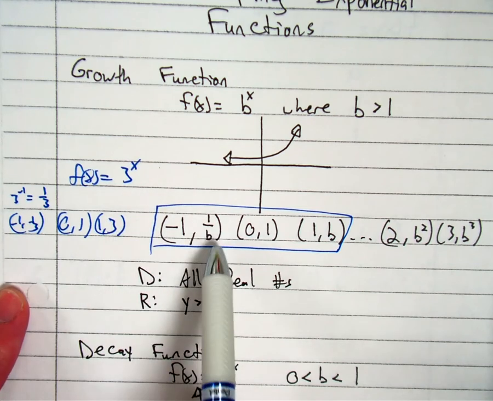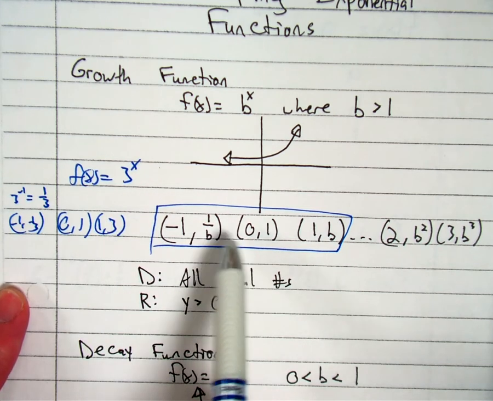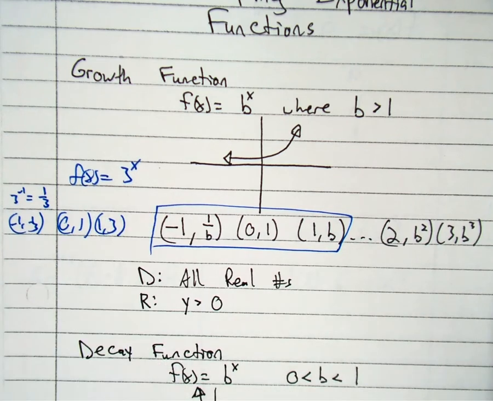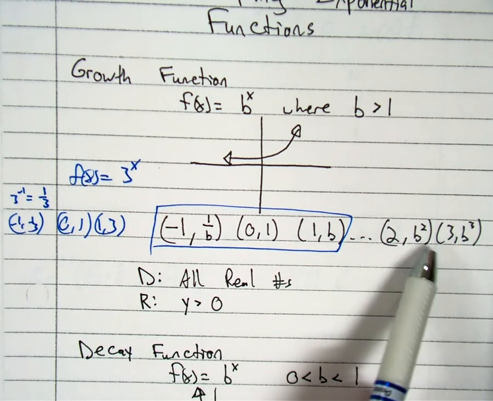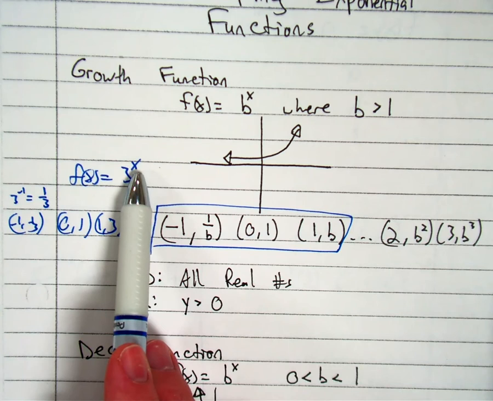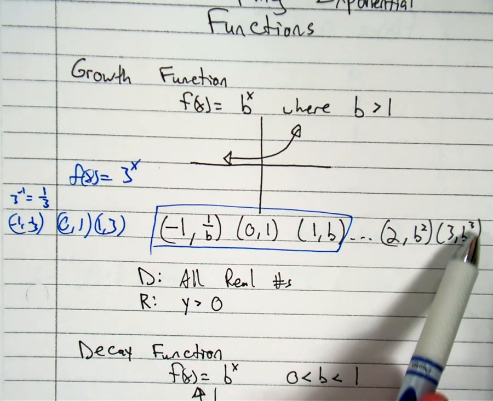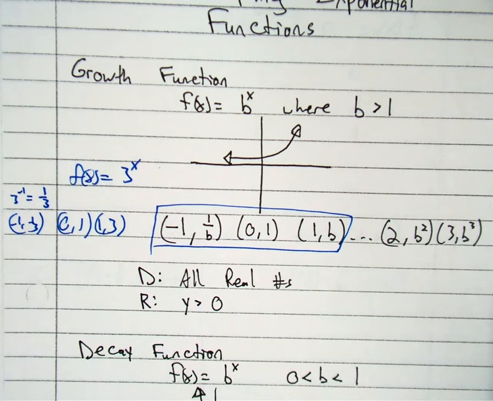Negative 1 got me 1 over 3, 0 was 1, and 1 was the same as my big number down here. If I put in 2, it's going to be 3 to the second power, 3 squared, 9. 3 is going to be 3 to the third power, 27, and it's going to get really big, really fast.